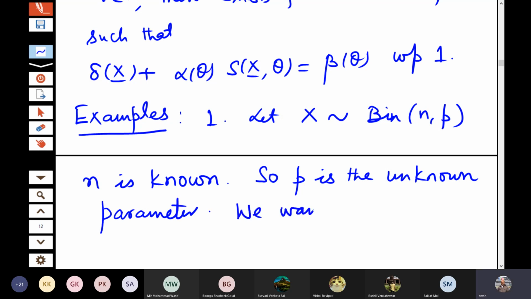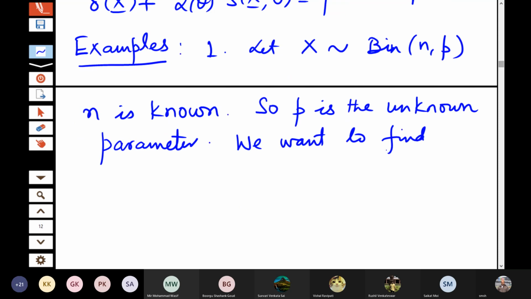We want to find the Cramér-Rao lower bound.